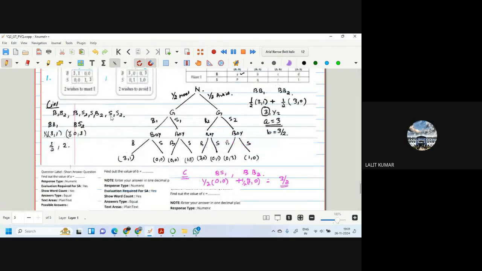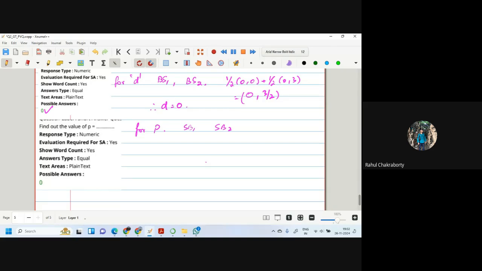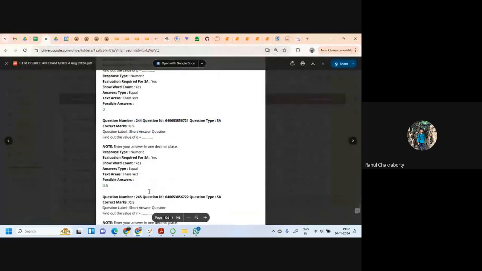SB1 is 0 0 0, and SB2 is 0 1. So this becomes 0 and 1/2, 0 1 is 1/2 equal to 2. Q.